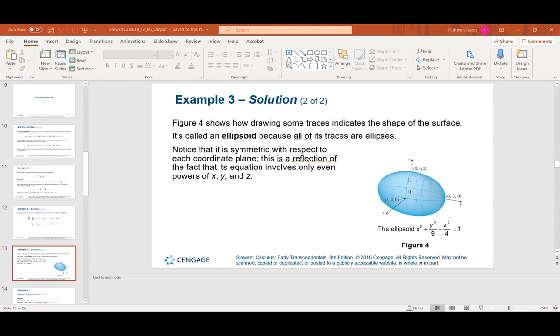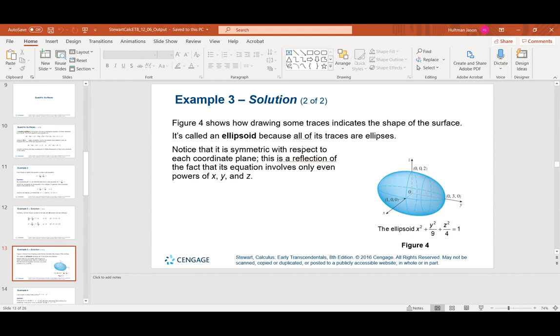But here's the idea. Eventually, we're going to get here. This is called an ellipsoid, because all of the traces are ellipses. These are the traces, the slices. Think of them as slices, right? These are slices parallel to the X, Y, and Z planes.